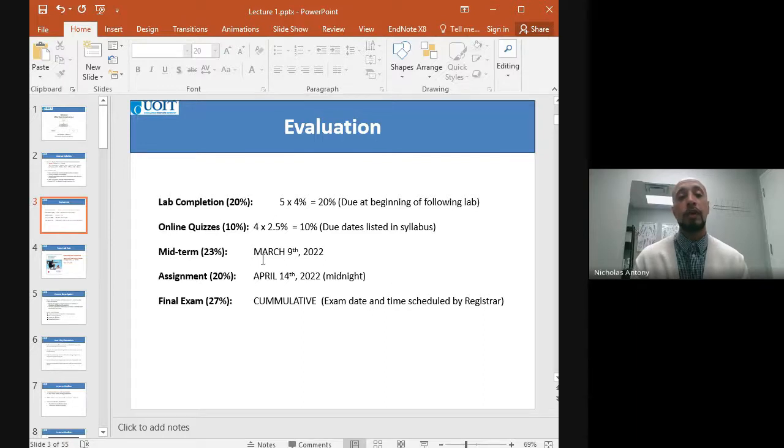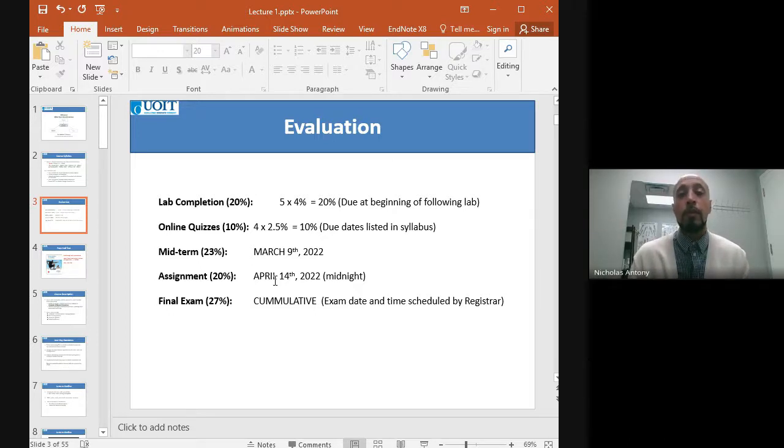The midterm will be on March 9th in class, and it will be done through Respondus virtually, of course. The assignment is going to be a write-up, and the rubric is listed right now. You can look it up. It's going to take parts of all of the different lectures and get you to evaluate a motor skill, and we'll learn what that term means.